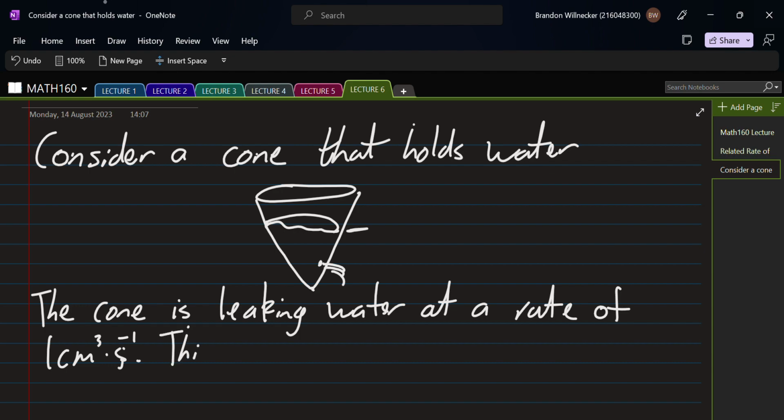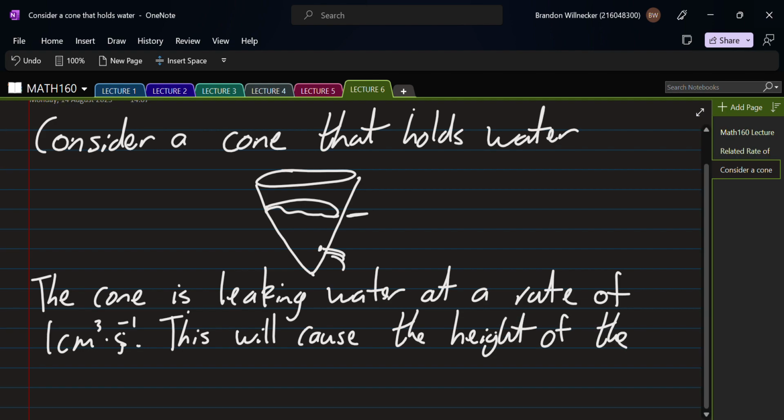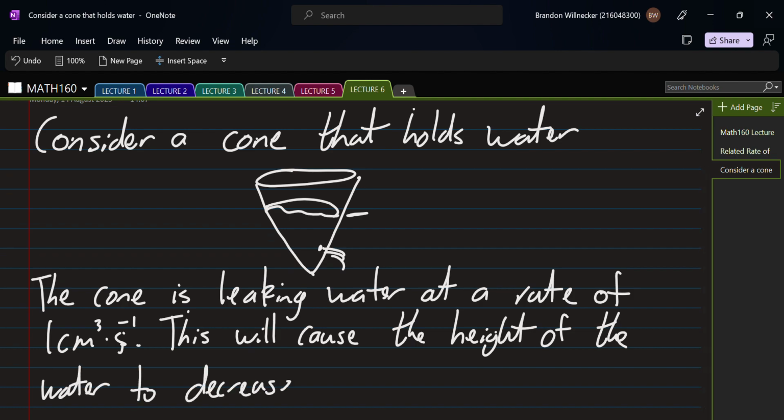So this will cause the height of the water to decrease. Right, so the height will decrease as we go down.